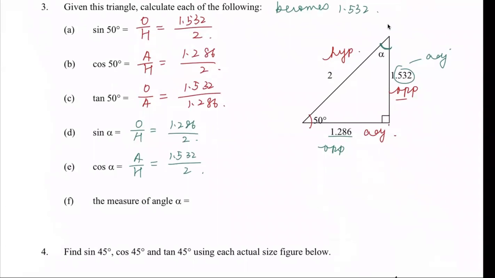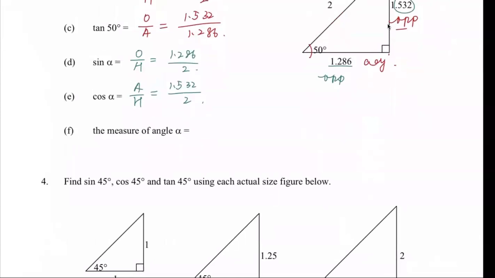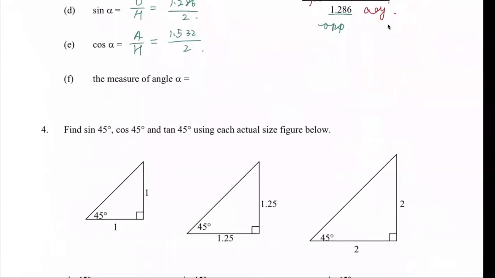So part F says the measure of the angle alpha. So it's asking how many degrees angle alpha is. We know that the sum of the three angles in a triangle is 180 degrees, right?